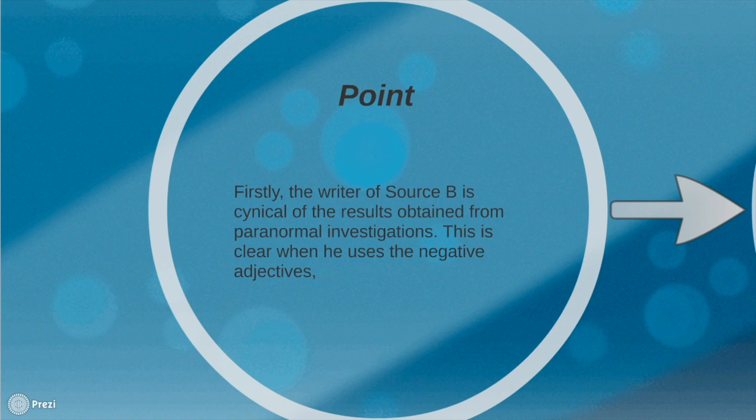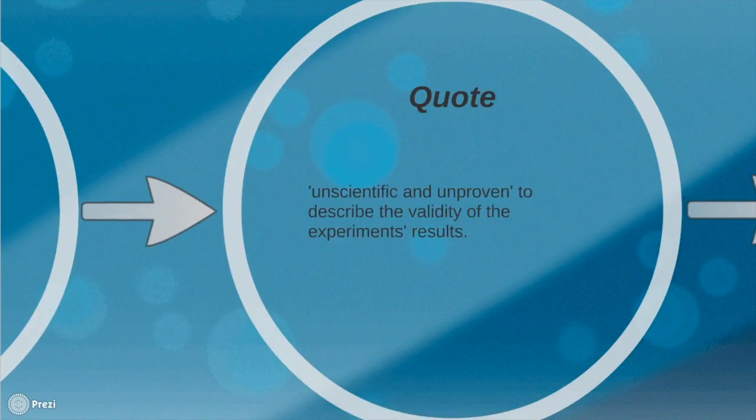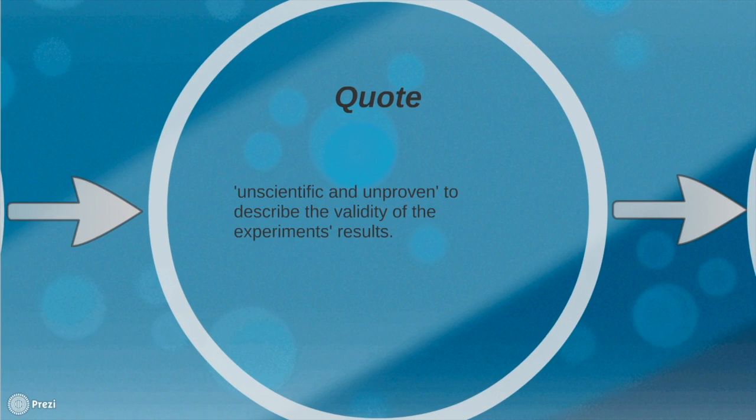Then I've said this is clear when he uses the negative adjectives, unscientific and unproven. Okay, so I've actually embedded my quote within the sentence there, and I've also mentioned word class, so I've explained that both of these are adjectives. Okay, so we're ticking the box for the examiner there, for the level 4 answer.